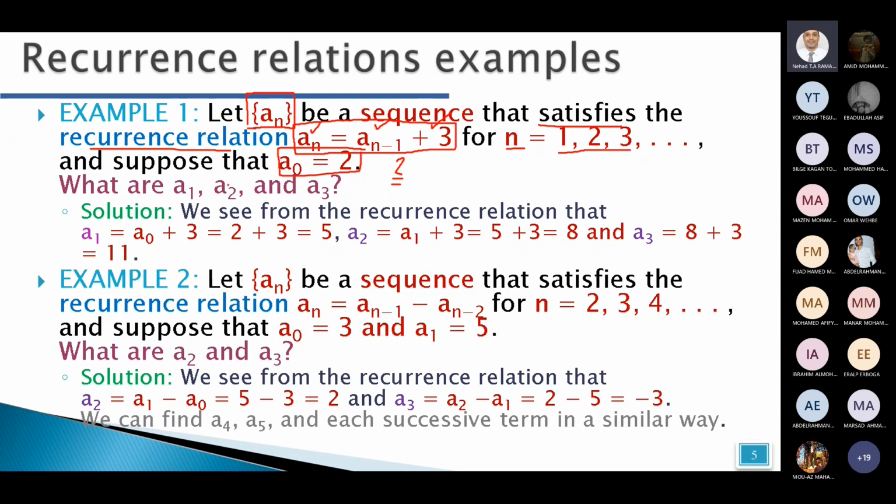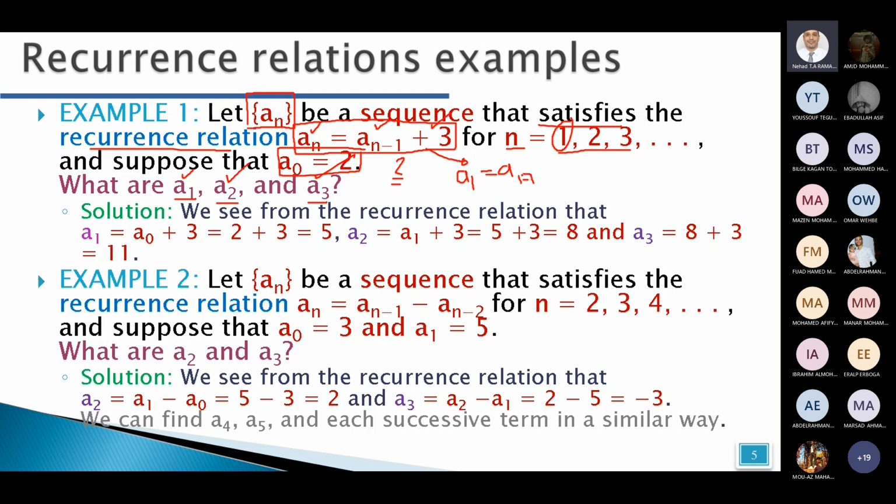Now get a1, a2, a3, meaning the second term, a1, term a2, term a3. It's easy. For term a1, in this recurrence relation, instead of n we use 1. So a n means a1, and a1 equals a 1 minus 1, because n equals 1.